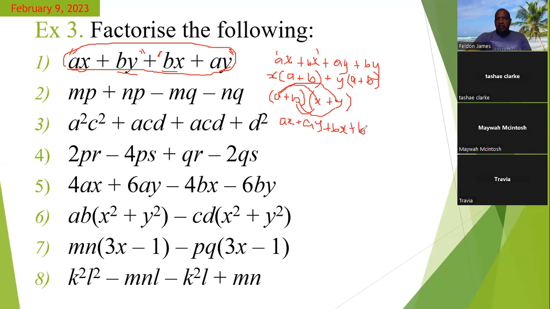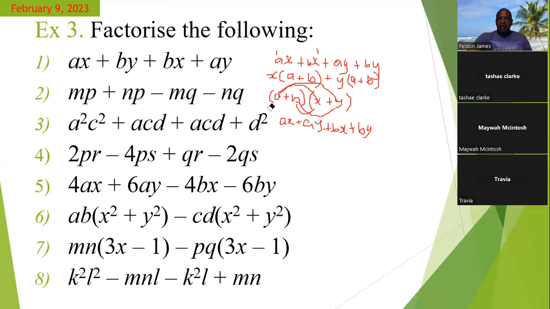Now, when you look at all these terms that we just multiplied out, you'll notice that they're all the same terms that were given in the four-term expression here. The order in which they appear doesn't matter. Once you have the exact same terms in the expression, it means it would have been the product from removing the brackets.